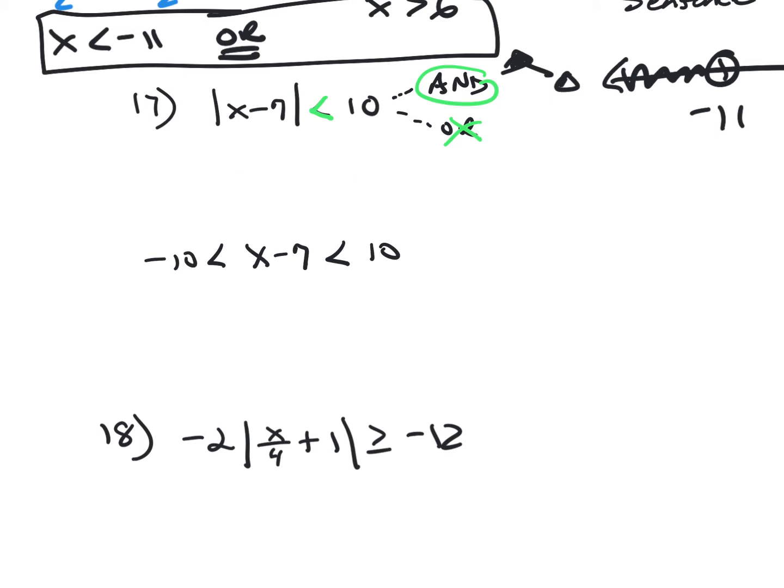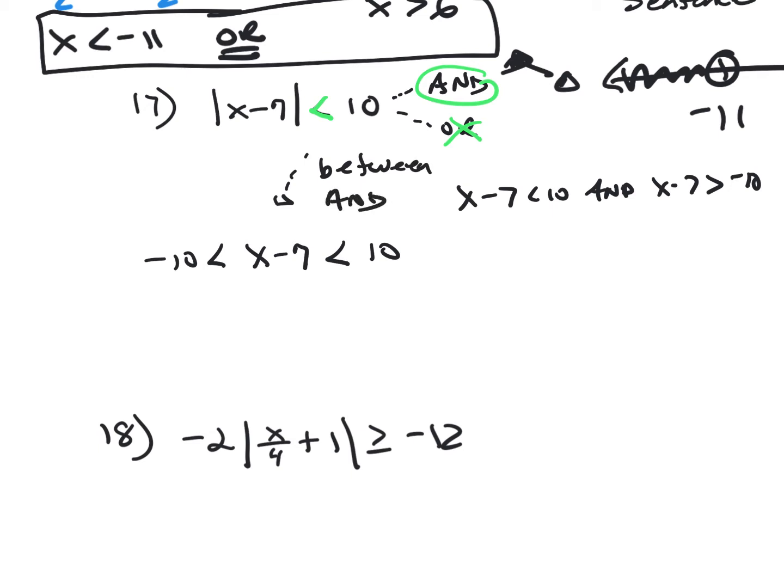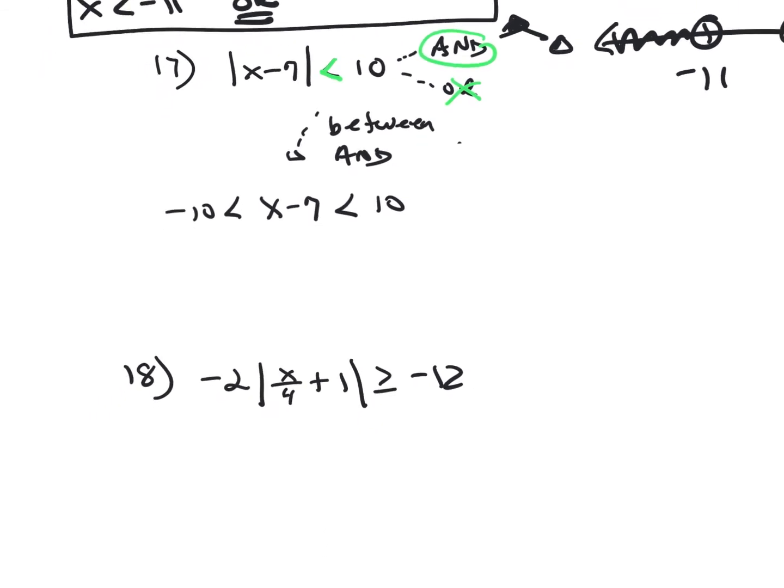We will not accept if you write x minus 7 is less than 10 and x minus 7 is greater than negative 10. While that's not wrong, we do not want you to separate it. We want you to use the between type and. That is an implied and, and that's what our expectation is.